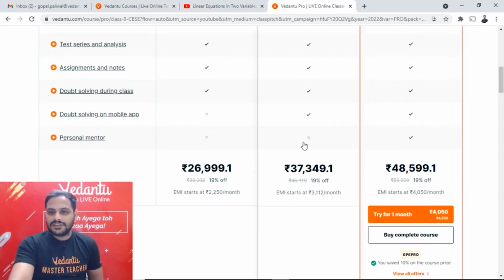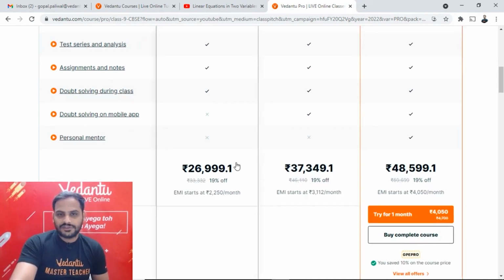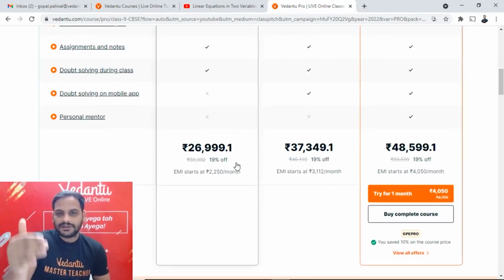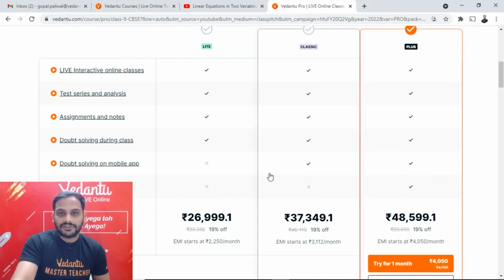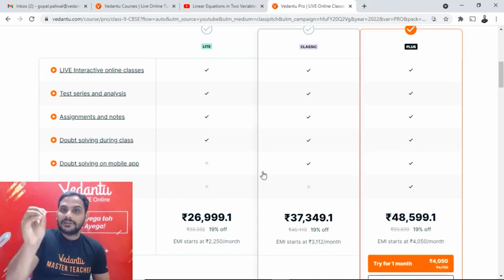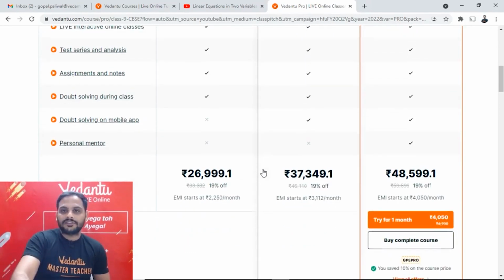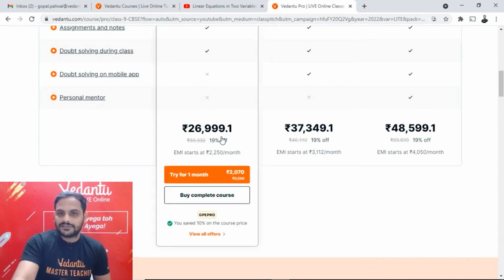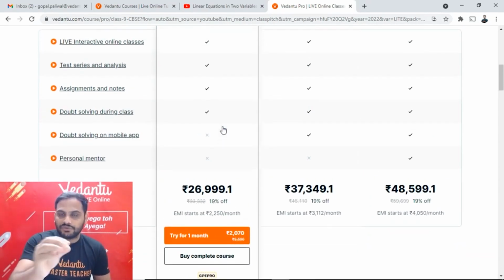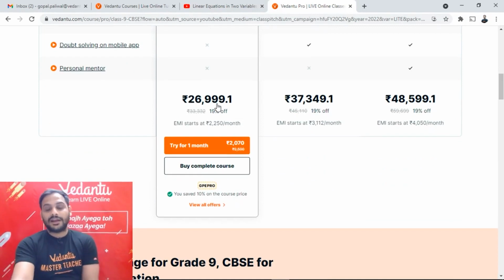All right guys, so these will be the 3 courses. As you can see, the prices are different, but they are different on the basis of features. Classes will be same. There is no difference in the classes. So now you have to choose how much personalization you require after the class.